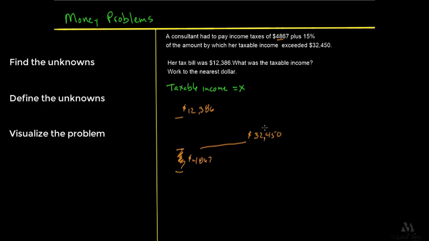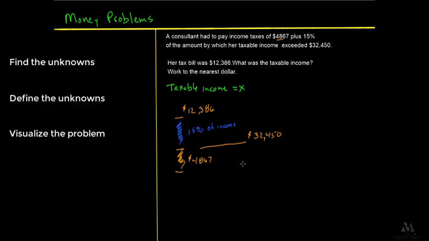All right. So this money in here is going to be 15% of income. So how does that help us with our problem?